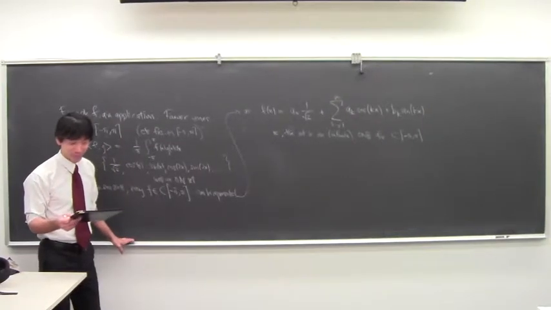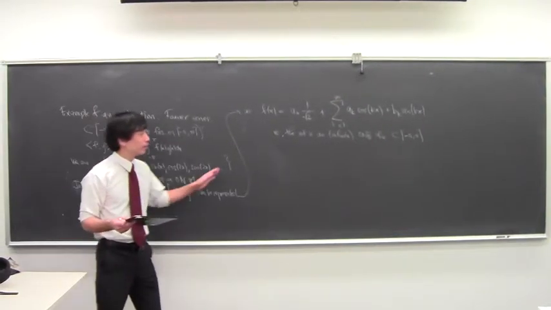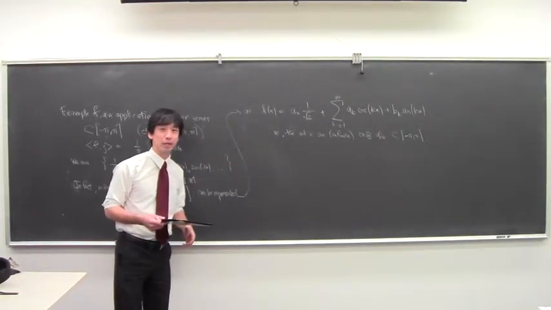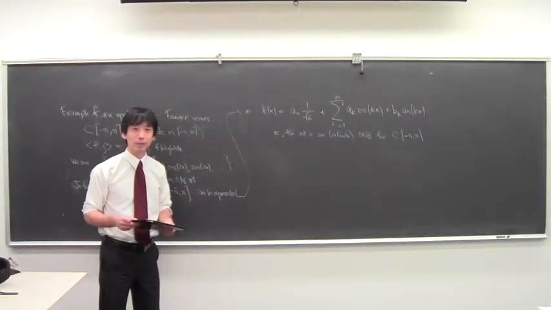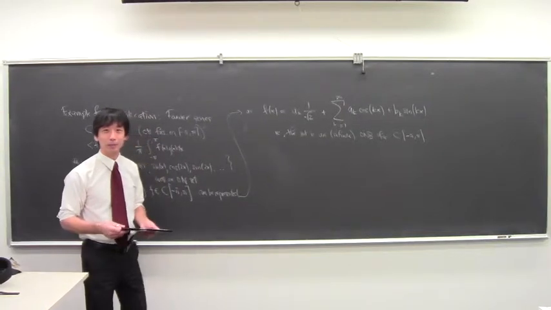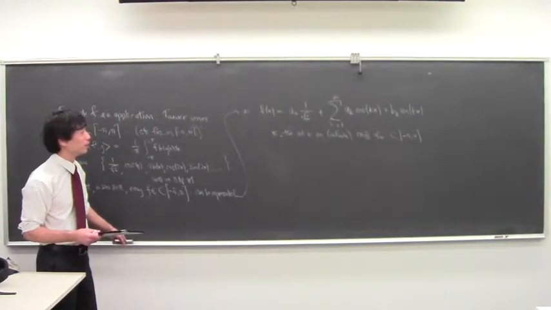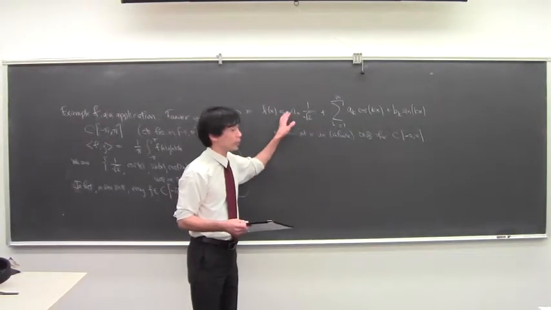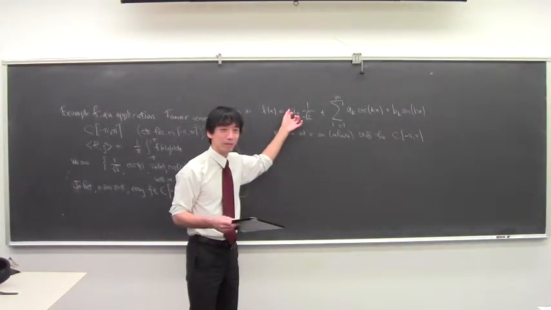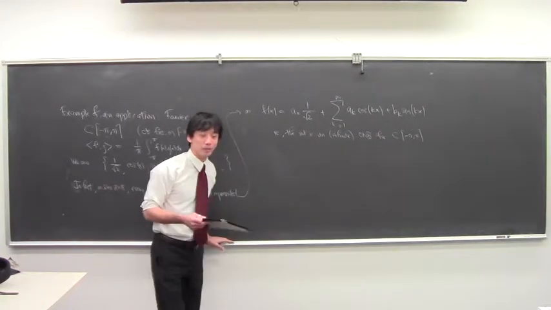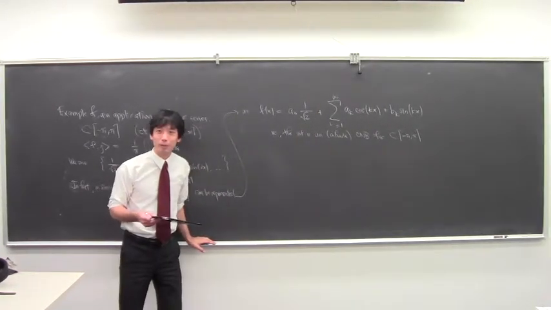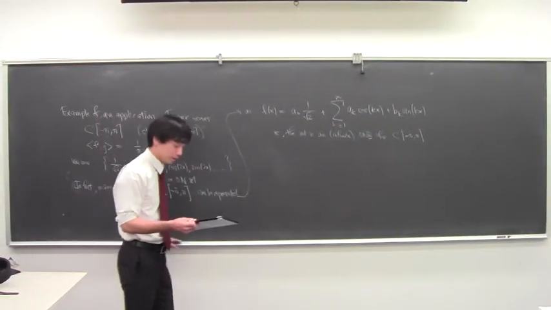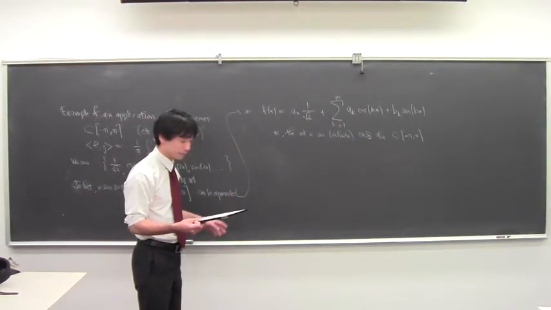But in any case, it's basically descendants of this idea that are used in image compression. For example, JPEG compression is based not on this, which realizes a function as combinations of waves, but on something called wavelets. There's another course taught at CMC in wavelets if you're interested in that.